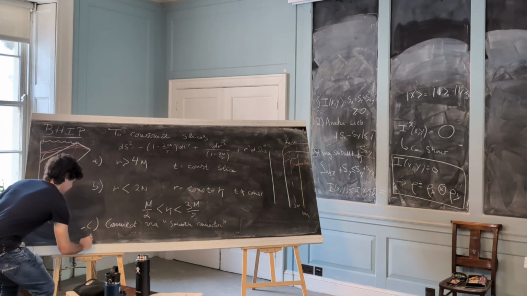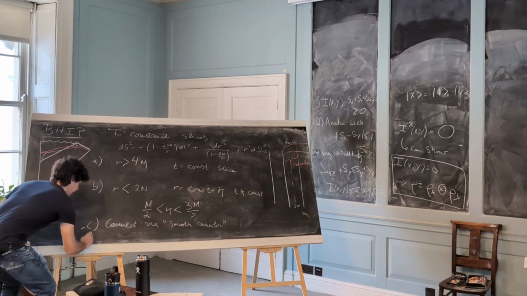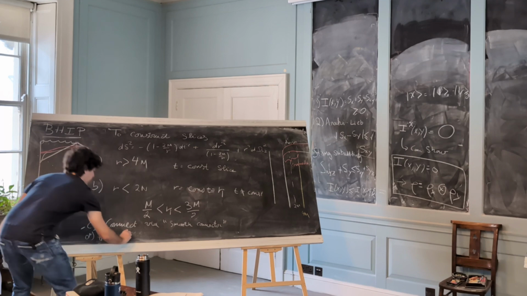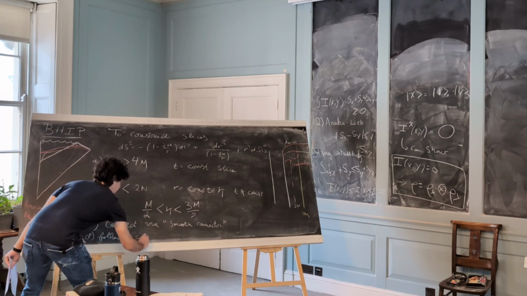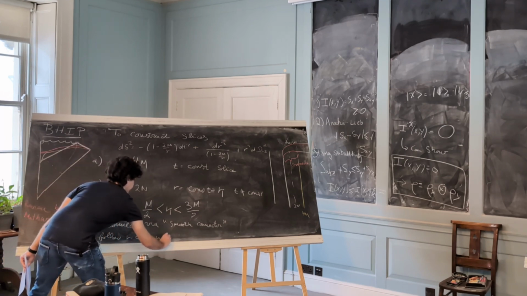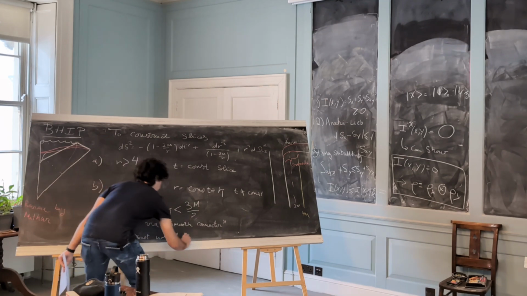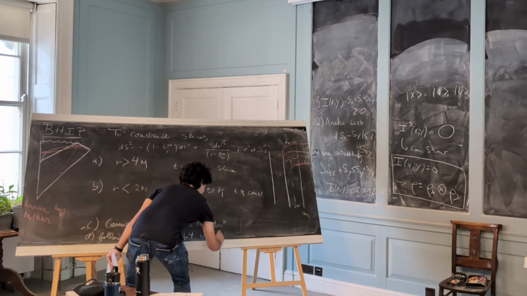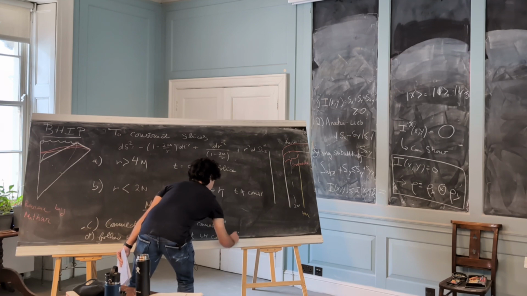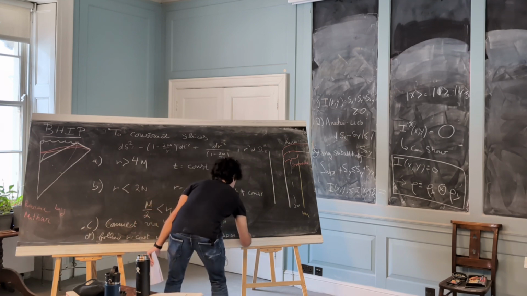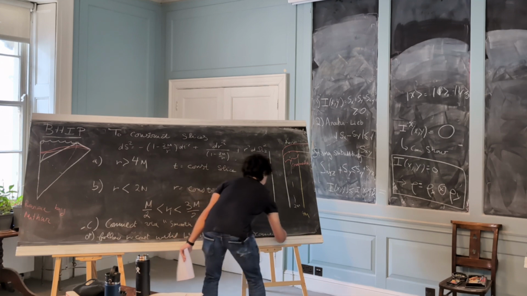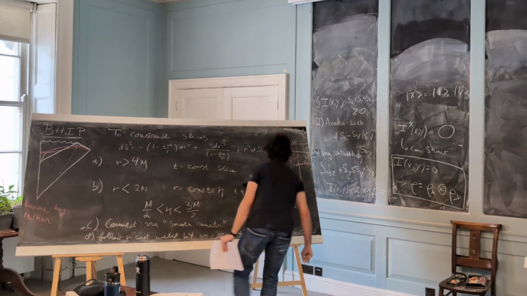So follow D is follow r equals constant until before black hole collapse. Then connect to equals 0.